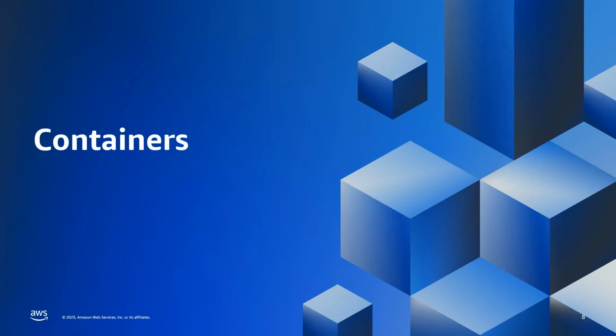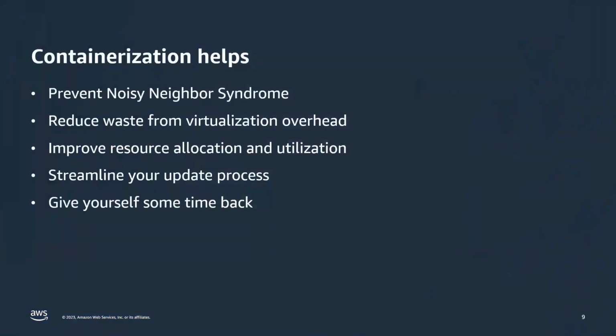The good news is containerization does help with this issue. Containerization helps us mitigate both noisy neighbor syndrome and the sprawl of upgrades. So by deploying containers, we can set per container limits on CPU and memory usage. This caps the resources that an individual container can consume per instance.